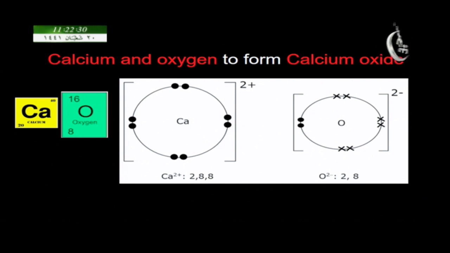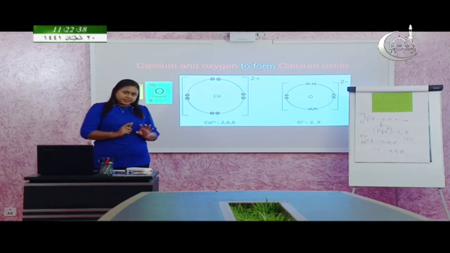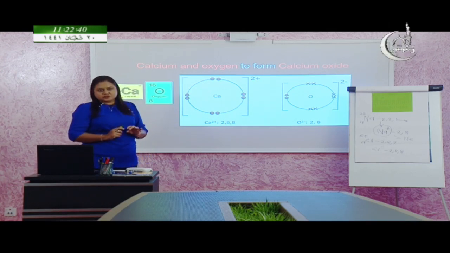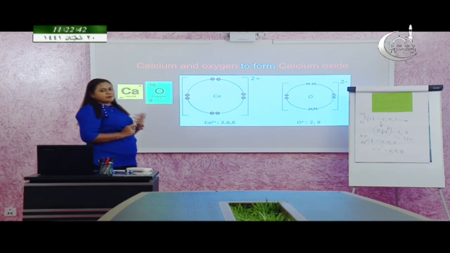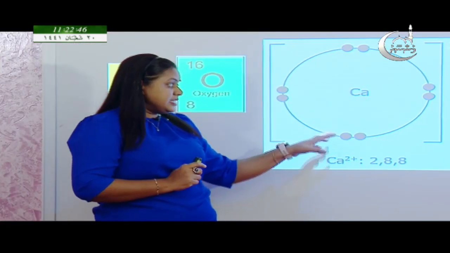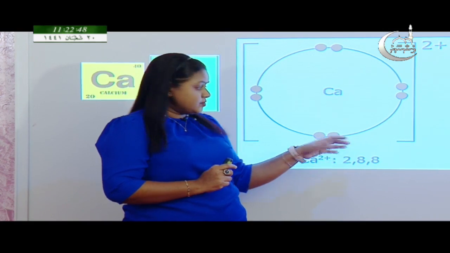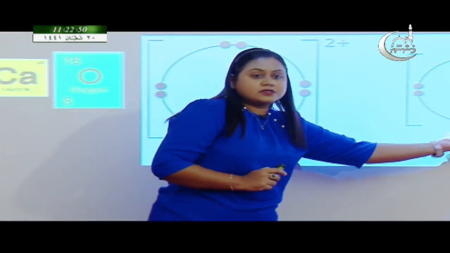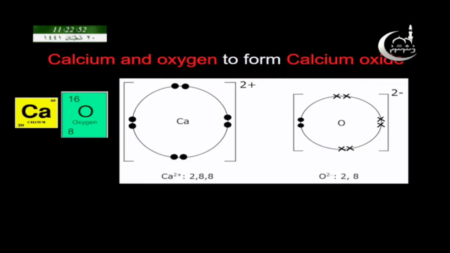Now, this diagram is not showing all the electrons, it is showing only the outer shell. Previous diagram I showed you all the electrons. There is also one way we can draw the structures, but most of the time in past paper questions they will ask you to draw dot and cross diagrams. These diagrams are known as dot and cross diagrams because we are using dots and crosses to represent the electrons. So, dot and cross diagrams show only the outer shell electrons.